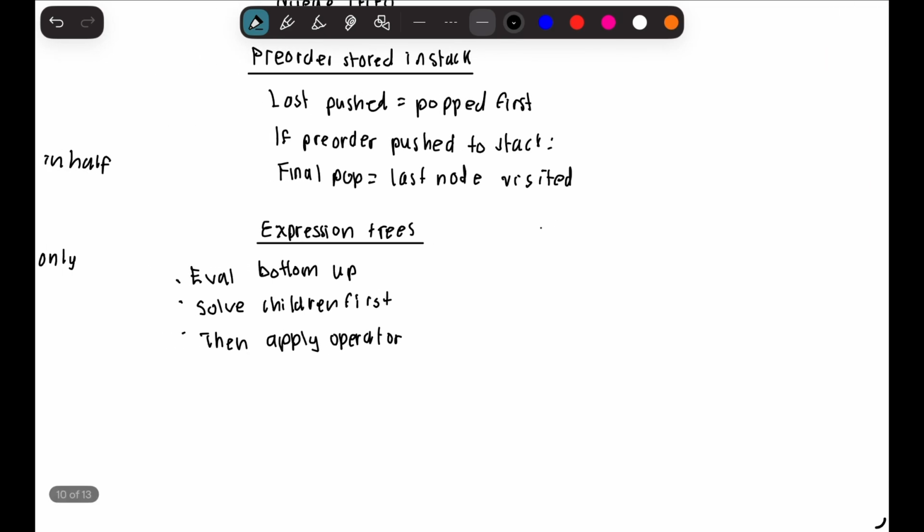And overall, remember that if you have the same values in a tree, it does not mean it's going to be the same tree, because it depends on insertion order and traversals.